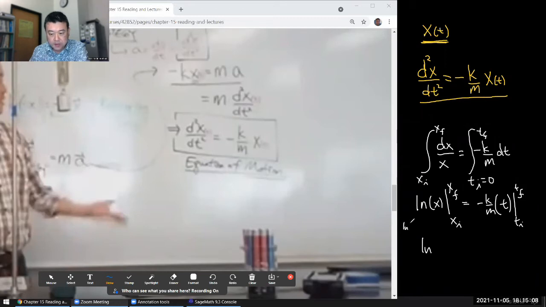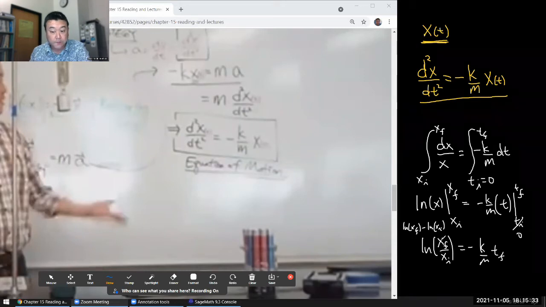Then what you have is ln of x final minus ln of x initial. You do the logarithm algebra. Hope you can do that or look up logarithm algebra. When you're done with the logarithm algebra, this is what you have: x final over x initial is equal to, since t initial will be 0, just minus k over m t final.